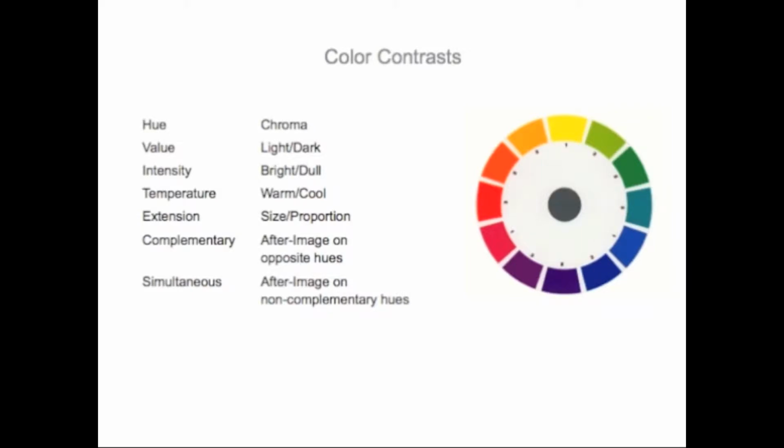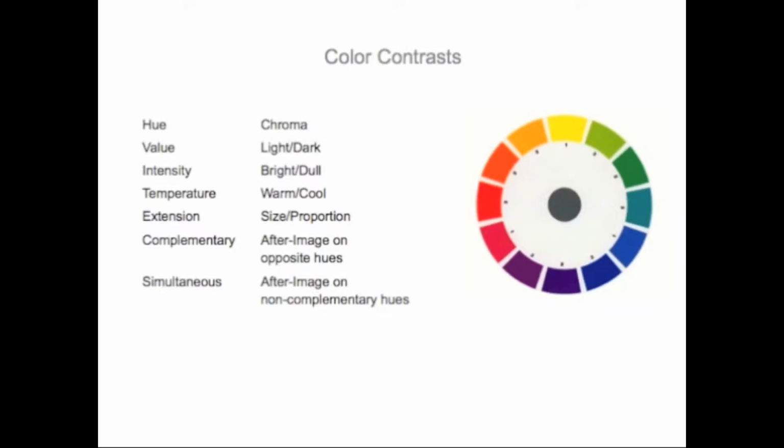The issue is whether you're looking at complementary or non-complementary colors, whether or not complementary or simultaneous contrast will kick into action. You're either seeing all of these, or you're seeing these plus this, but not this. So complementary is the after image action on opposite hues, and simultaneous contrast is the after image action on anything else.